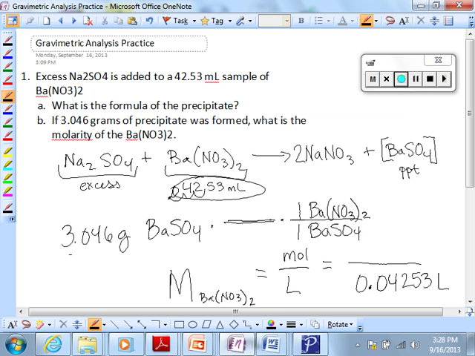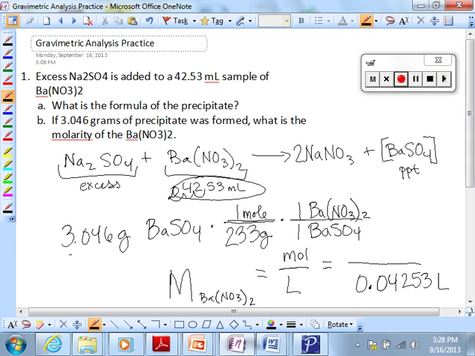And going back here, 3.046 grams barium sulfate times 1 mole over the molar mass of barium sulfate. So barium is 137, sulfur 32, and oxygen times 4 should be 64. So I got a total of 233 grams of barium sulfate.